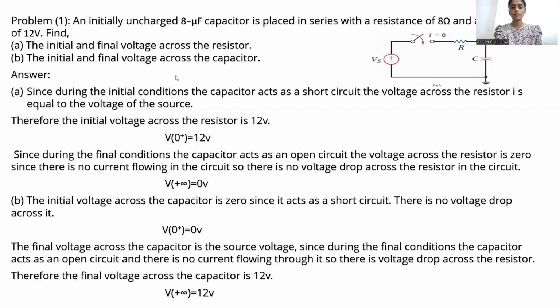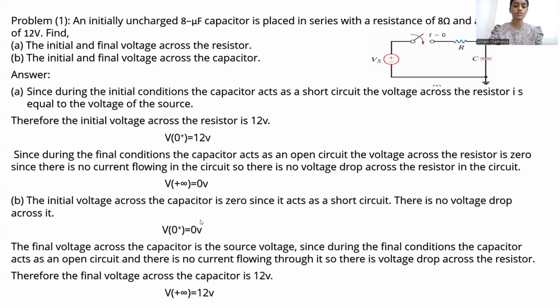The initial and final voltage across the capacitor. The initial voltage across the capacitor is 0 since it acts as a short circuit. There is no voltage drop across it. So the initial voltage across the capacitor is 0 volts.